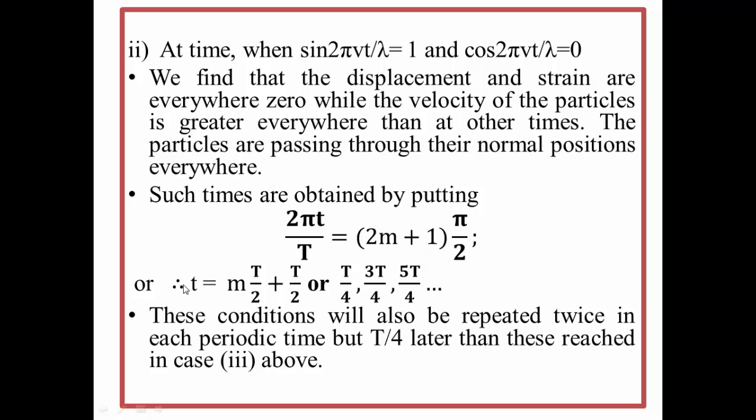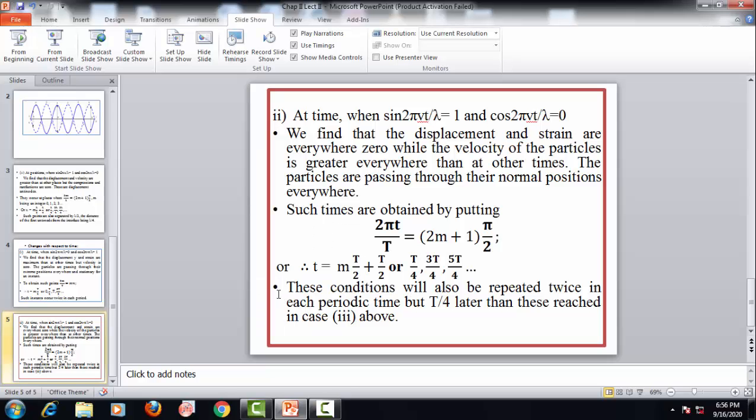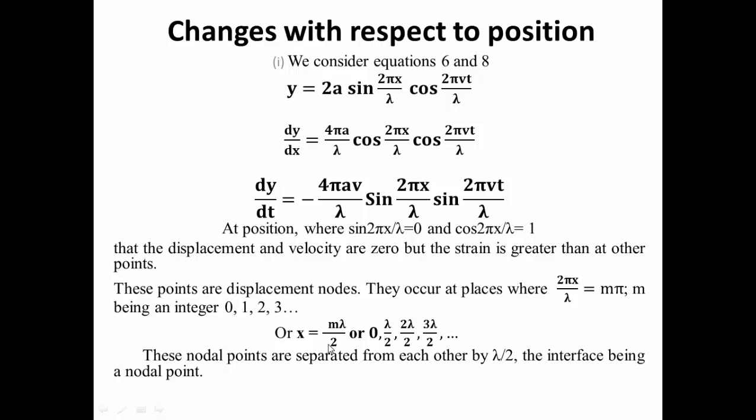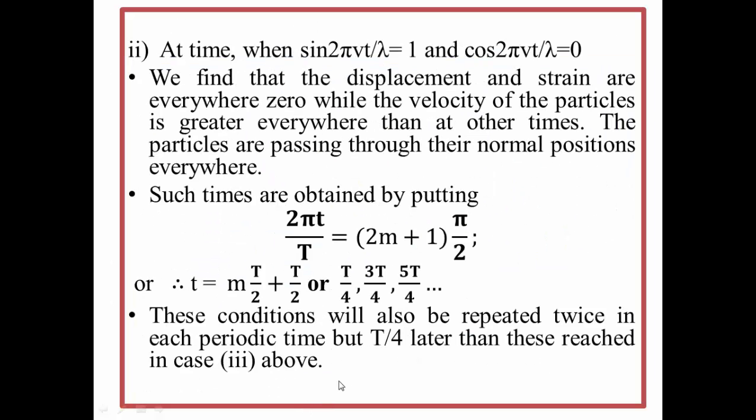Solving this equation we get t equal to mT/2 plus T/4. So putting the values of m, we get T/4, 3T/4, 5T/4.